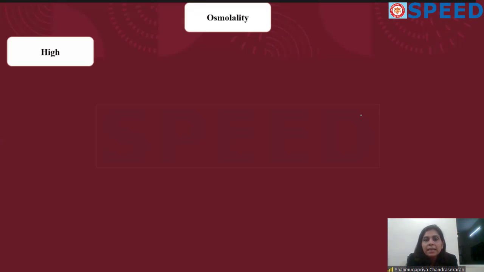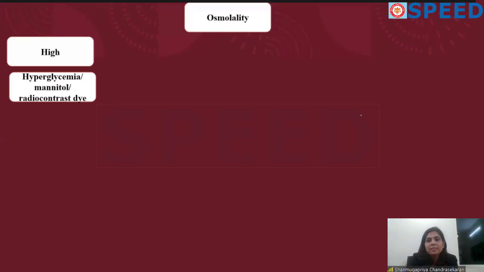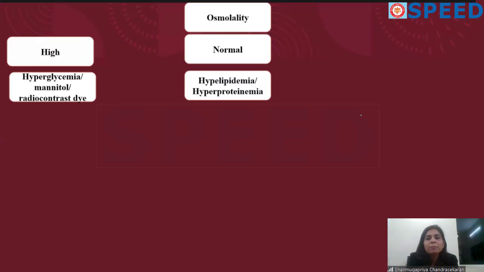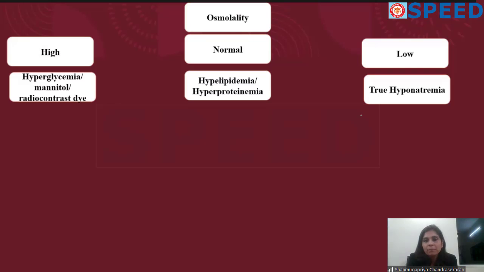With this, we will be able to diagnose the cause of hyponatremia. If osmolality is high, then it is dilutional, caused by hyperglycemia, mannitol or radiocontrast dye. If osmolality is normal, it's a measurement effect caused by indirect ISE; causes can be hyperlipidemia or hyperproteinemia. If osmolality is low, then it is true hyponatremia.